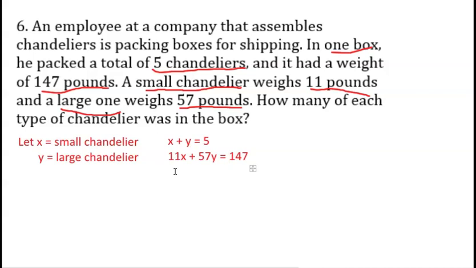From here, you could use substitution to solve for this. We could solve for X, and we'll put X equals 5 minus Y. So wherever you see an X in this second equation, we'll plug in 5 minus Y instead.